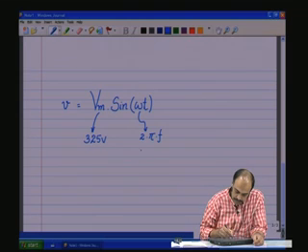So, it is basically 2 into pi into 50 hertz.